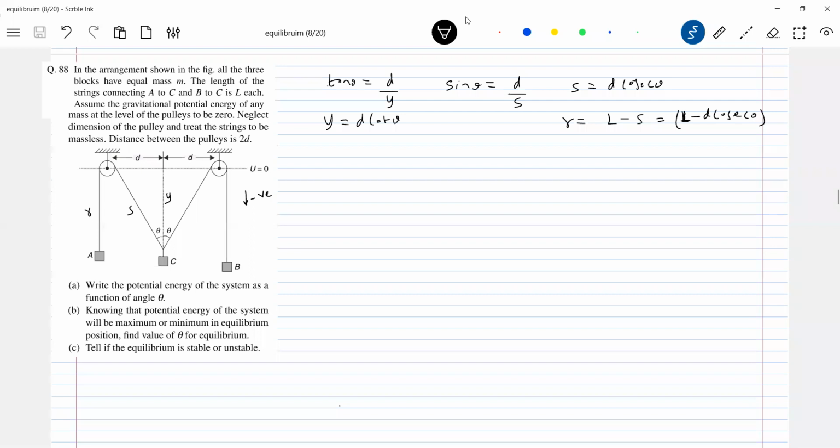Okay, define now the potential of the system. Potential of the system should be u equal to, all the blocks have the same mass m. So block C, UC, plus UA plus UB. Since UA equals UB, they are at the same height, so this will be UC plus 2UA. Now what is the value of UC?